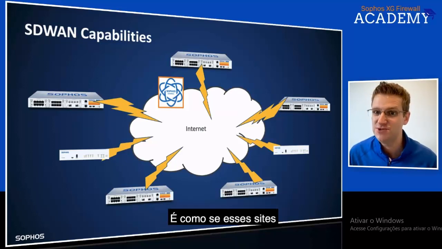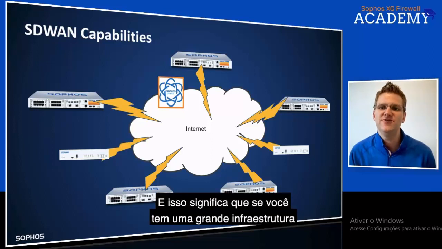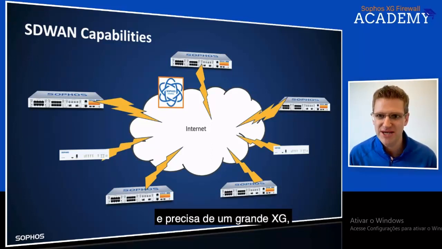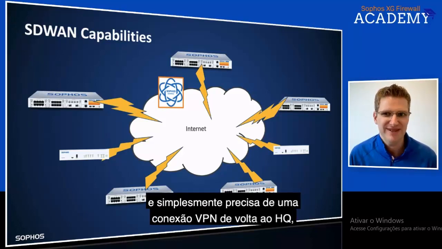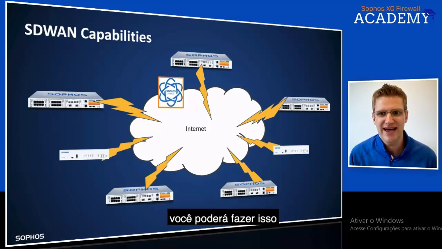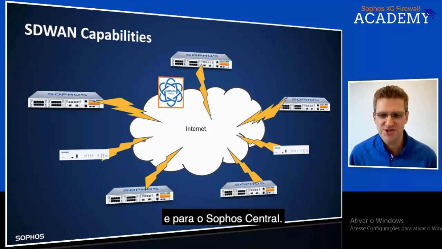It's literally as if those sites are directly connected to your XG. And it means whether you've got a large infrastructure and you need a large XG, or if you've got a smaller infrastructure at a remote site and just simply need a VPN connection back to HQ, you've got the ability to do that, and you can bring that management all into the XG and into Sophos Central.